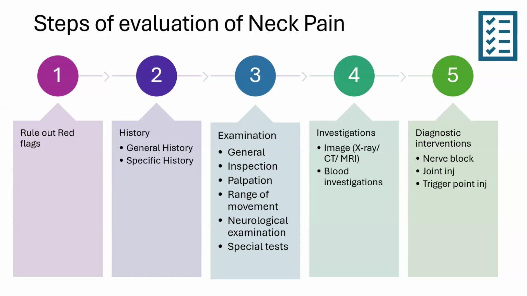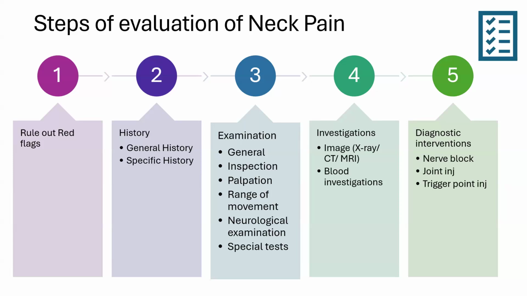In a specific joint, we can say this joint, say the C2-C3 facet joint or the C3-C4 facet joint, is painful. Similarly, if we are suspecting a neuropathy, we inject a small amount of local anesthetic to this nerve, for example the occipital nerve. We put a small amount of local anesthetic over the nerve, and we find pain relief there.